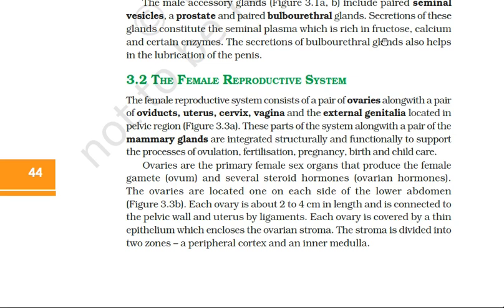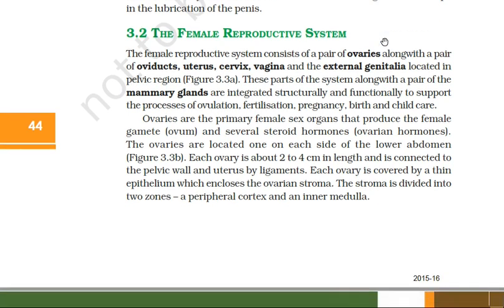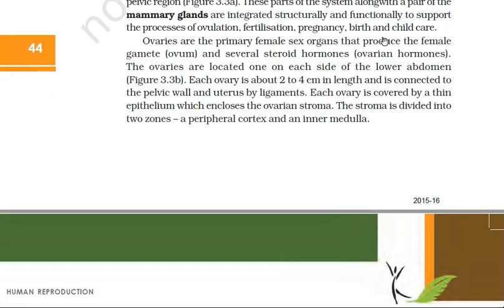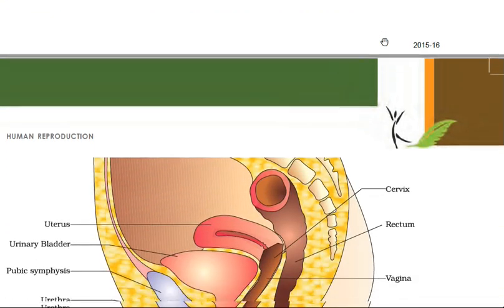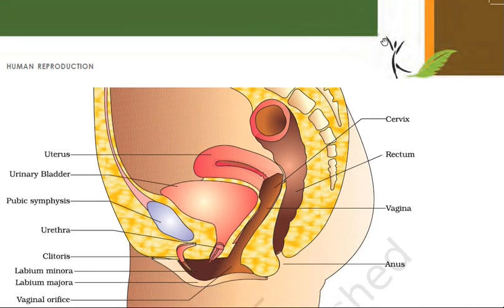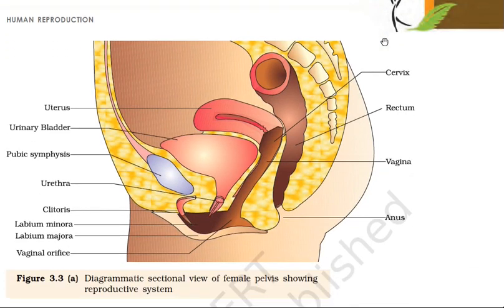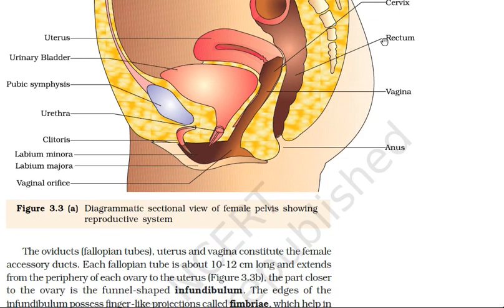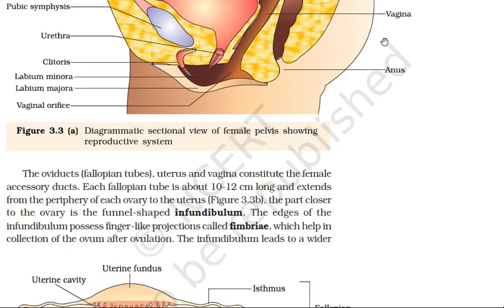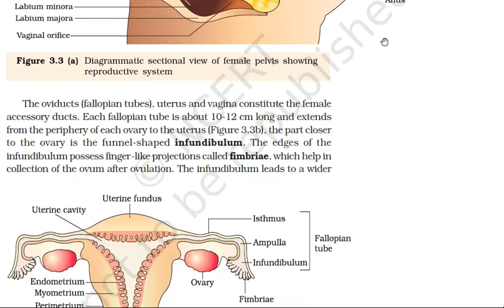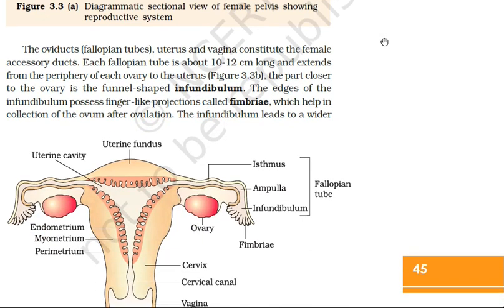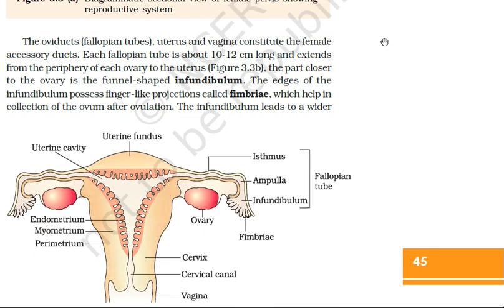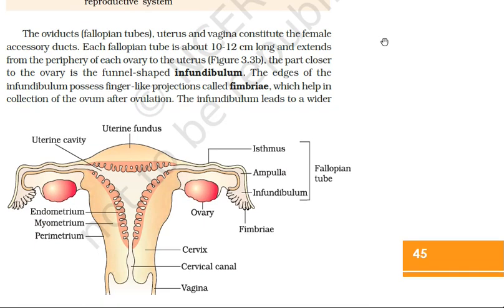It's a layer. The inner mass of the ovary is differentiated into the outer cortex and an inner narrow zone, which is termed medulla.